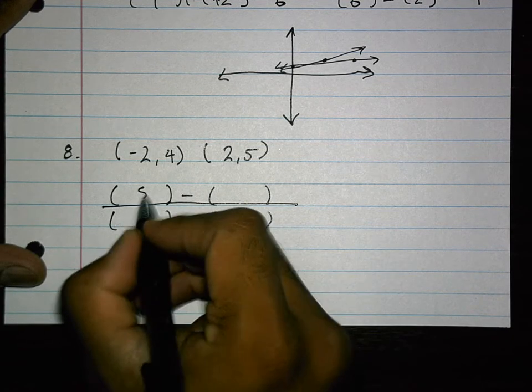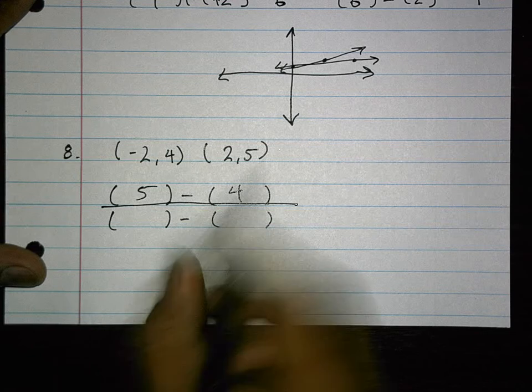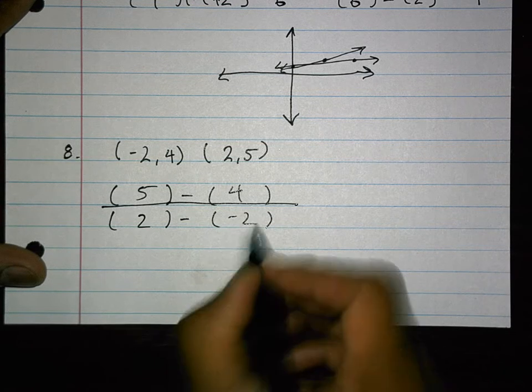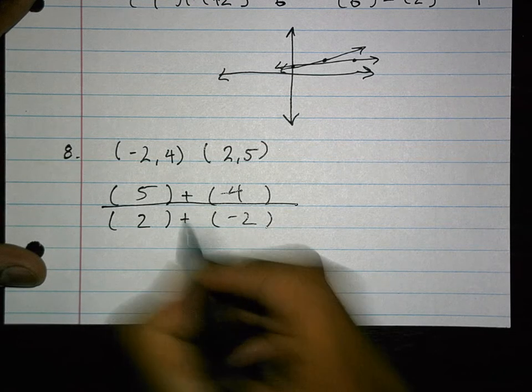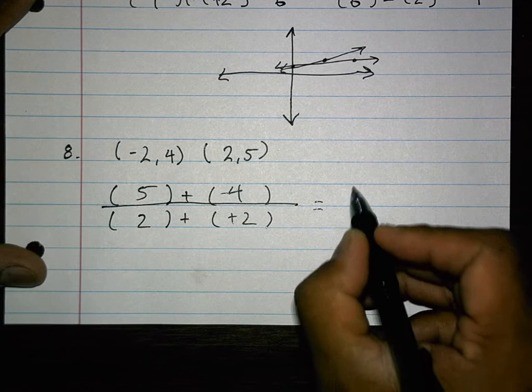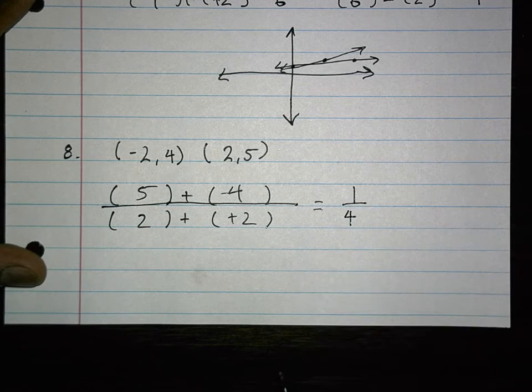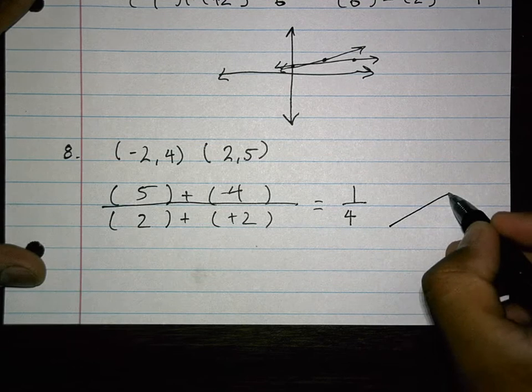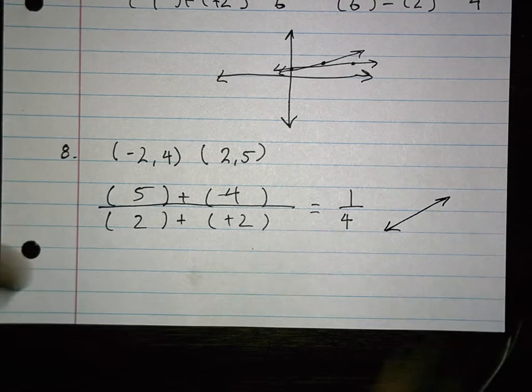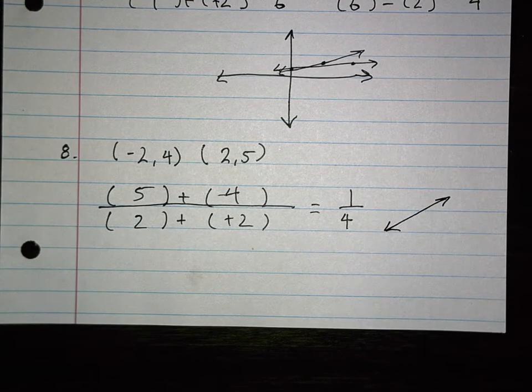So 5 minus 4, and then 2 minus negative 2. Go ahead and add the opposites here, and I'm looking at 1 over 4. This is a positive number, so it's a positive slope, and it would be increasing. So it rises.